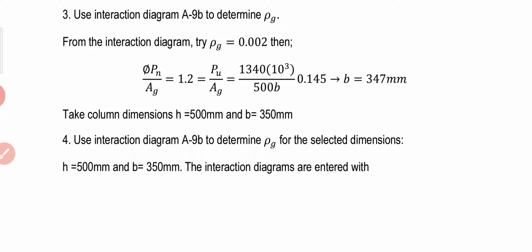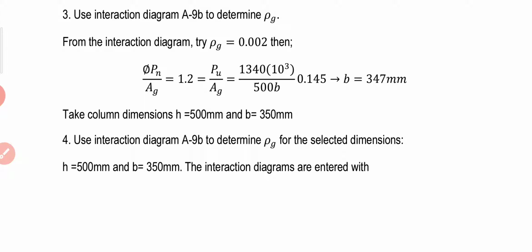In next 3 steps, use interaction diagram to determine Pg. So from the interaction diagram, Pg equal to 0.002. Then phi Pn upon Ag equal to 1.2 equal to Pu upon Ag, because phi Pn we can also write as Pu.